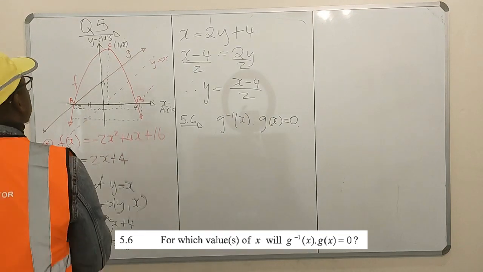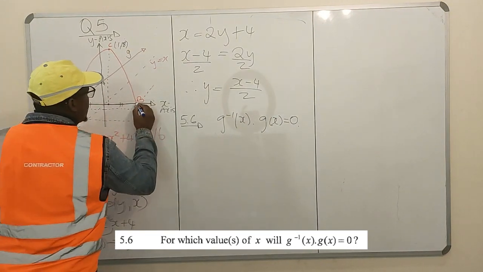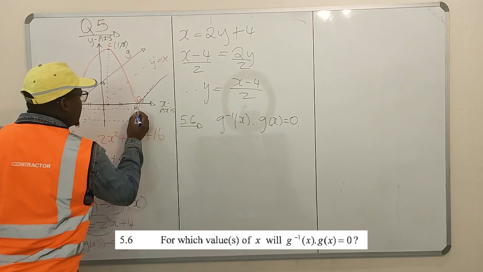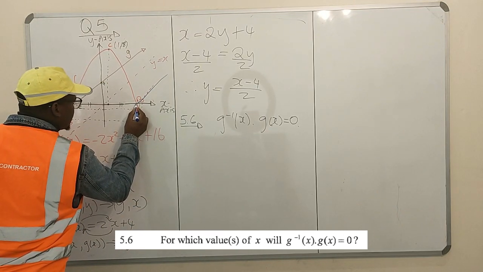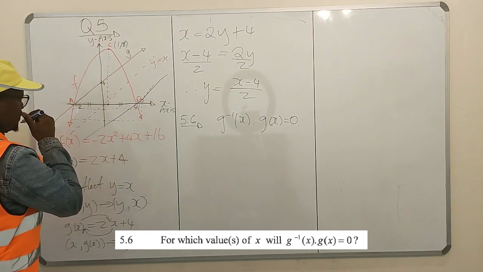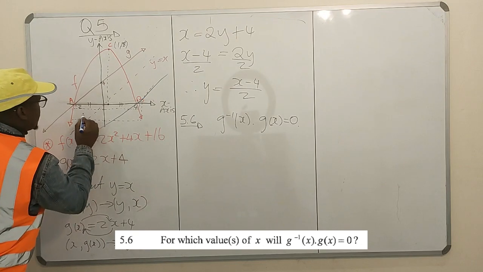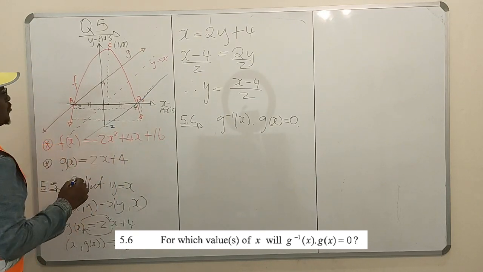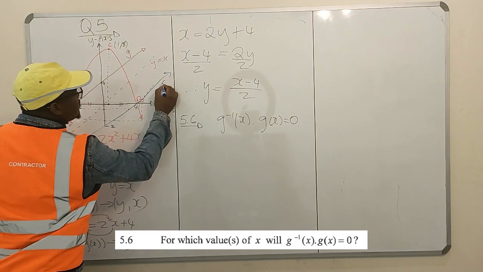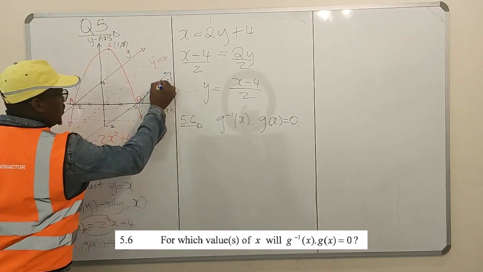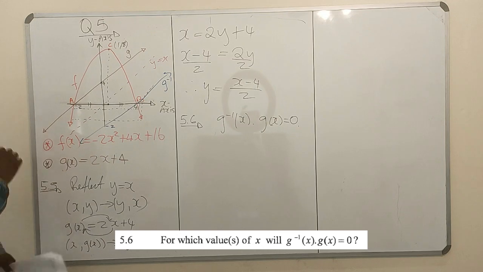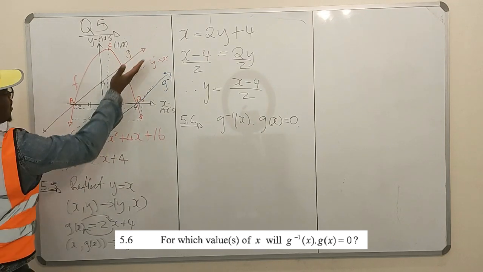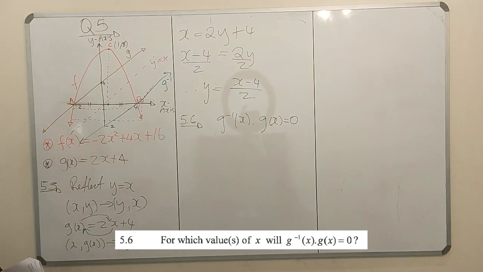The reflection of this graph will more or less move here, right? And here you will have your minus 2, and there you will have 4. So your inverse of g will have a shape like this, if you reflect it along that line.